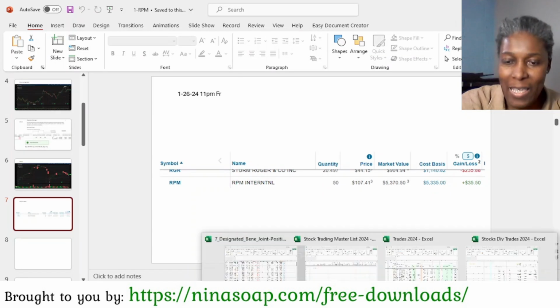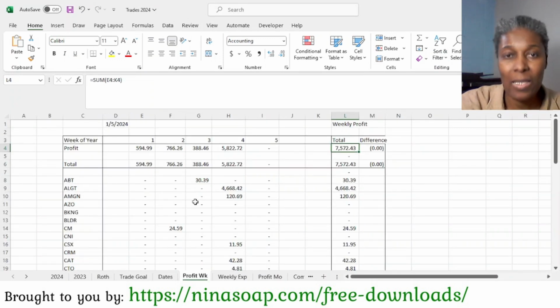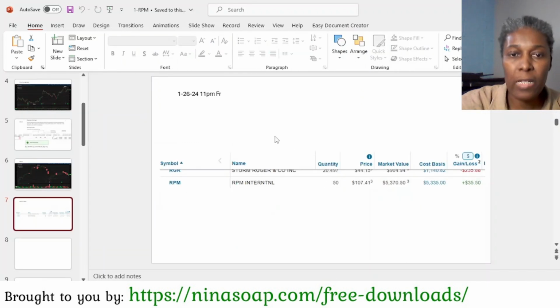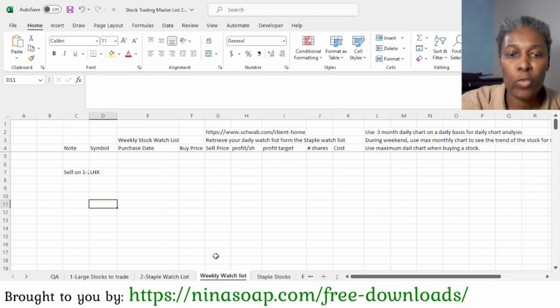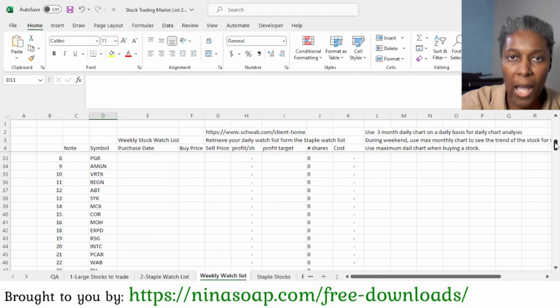It's a stream of income, but it requires a lot of work, and I'm estimating 3 hours of work on a daily basis to record your trades, keep a journal of every single stock you purchase to trade, from when you buy up to when you sell it, and analyze the charts on your watch list to see if there is a stock you need to buy the next day.